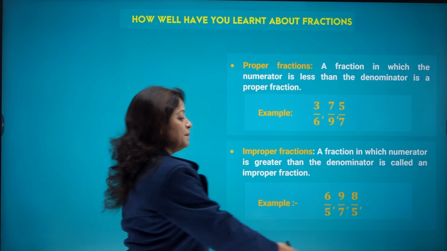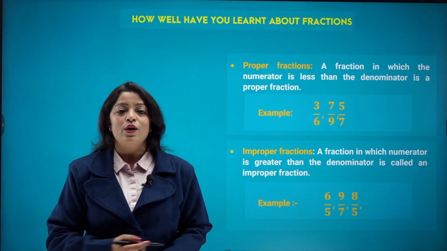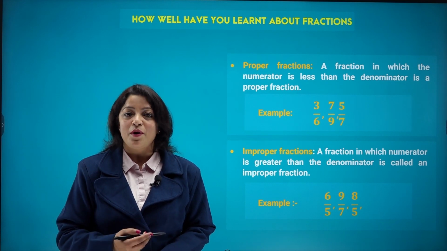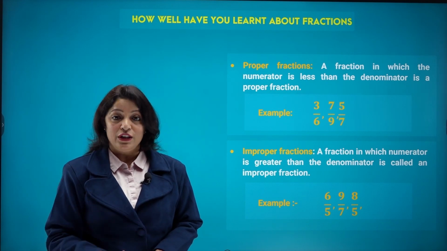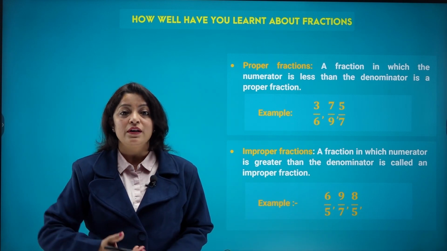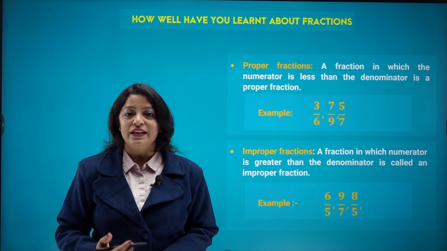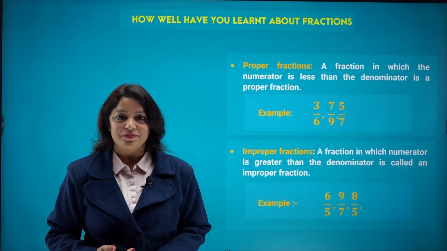In all these examples, we have the numerator greater than the denominator. So they all are examples of improper fractions. And when you divide 6 by 5, you'll get a whole number and a proper fraction. But this concept will be dealt with in mixed fractions.